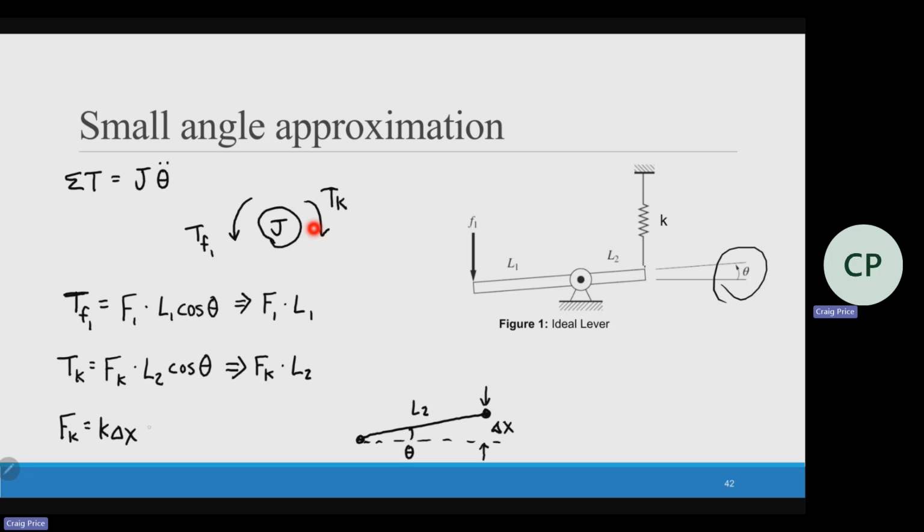So k delta x, because this is a right triangle right here, delta x is the same as L2 sine theta, which for small angle approximations just becomes L2 theta.